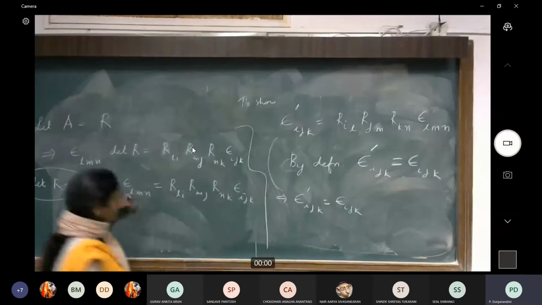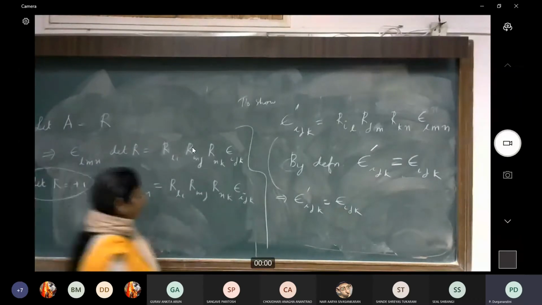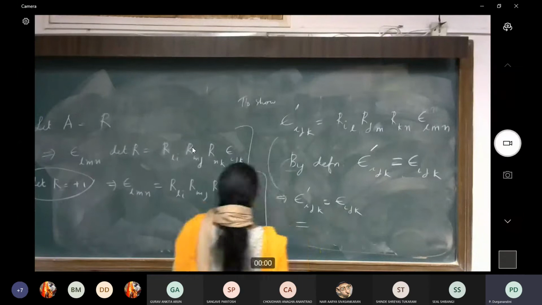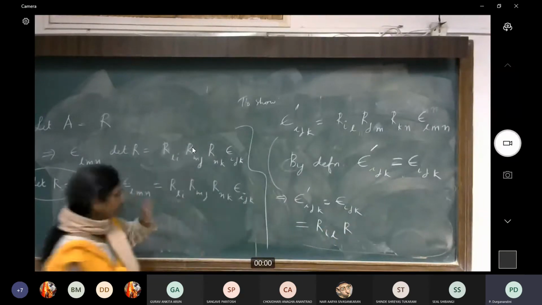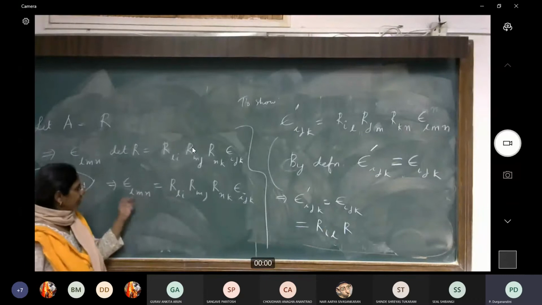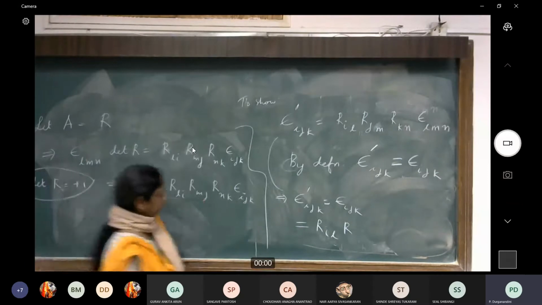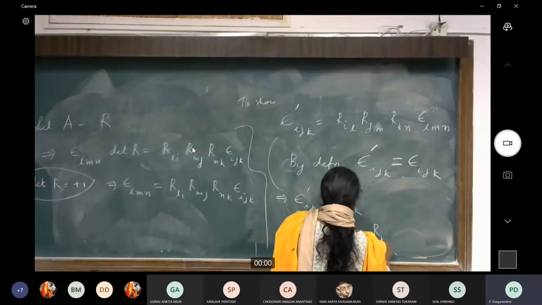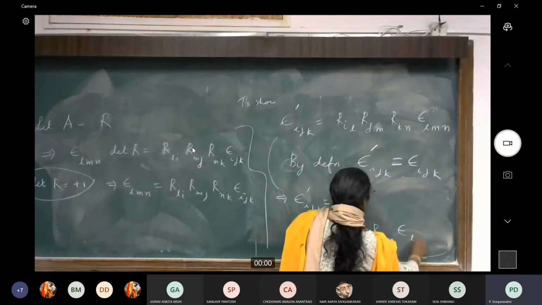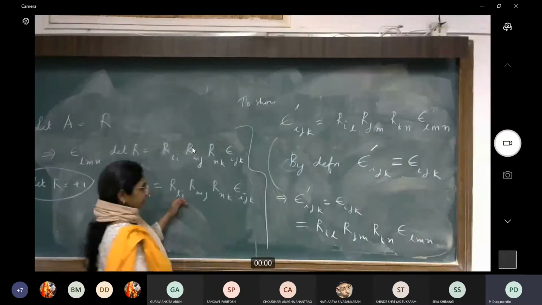But you know now from this identity that epsilon ijk is equal to, so I'm going to use this now in this form, R_IL. Again, I'm writing it like this because you have to see that instead of putting LMN in here, I put IJK. So I just put R_IL, R_JM, R_KN, epsilon_LMN, because of this identity.